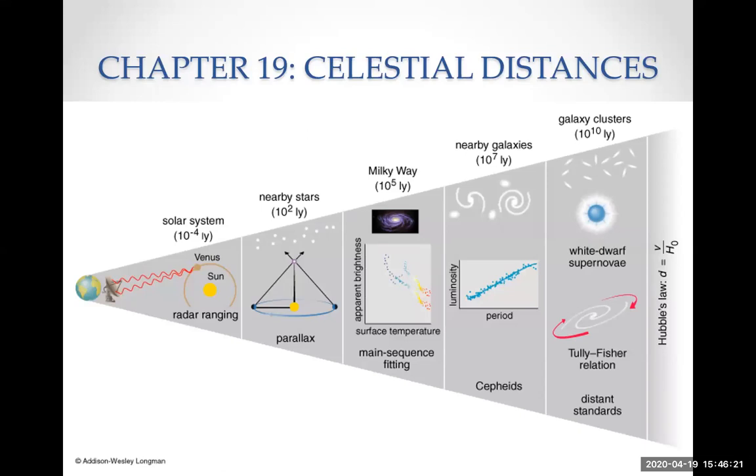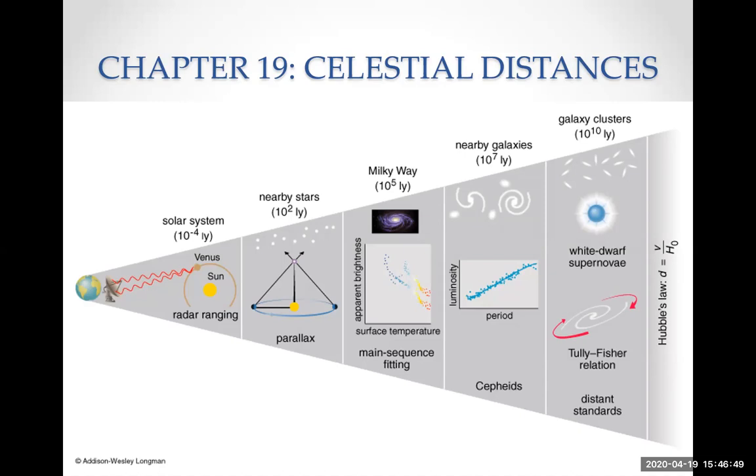Plus, even if there were big objects out there to reflect the light back, as light expands, its brightness decreases, its energy content decreases, and it becomes dimmer, as we said back in the previous chapters. So there's less light to reflect back, even if the object is very large to begin with. So for faraway objects, this radar ranging method doesn't really work. It really only works for objects within the solar system.